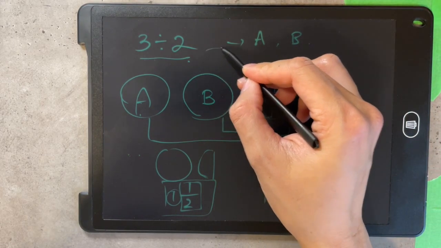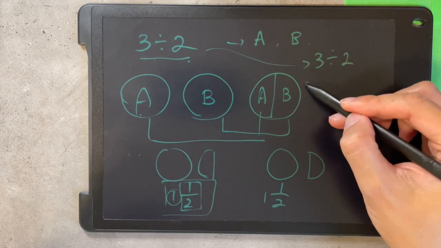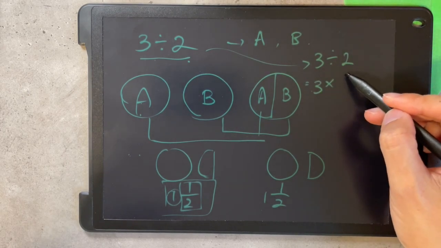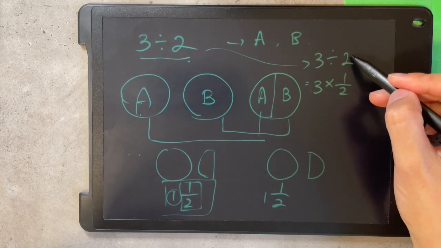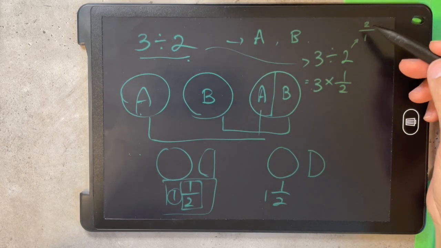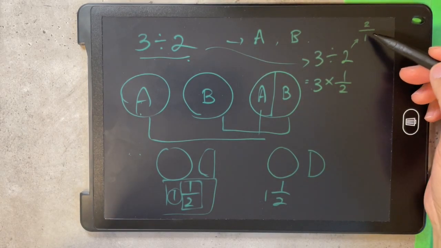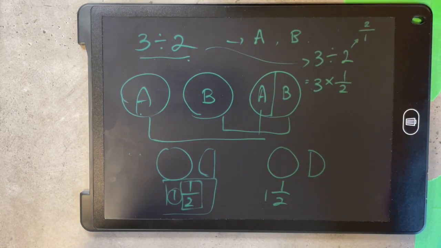So what happens to this is you have 3 divided by 2, right? So you have 3 times 1/2, because 2 is just 2 over 1, because you have 2 whole pieces. Each one is not cut into pieces, so it's always over 1.